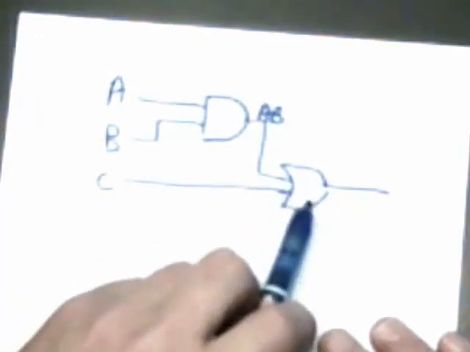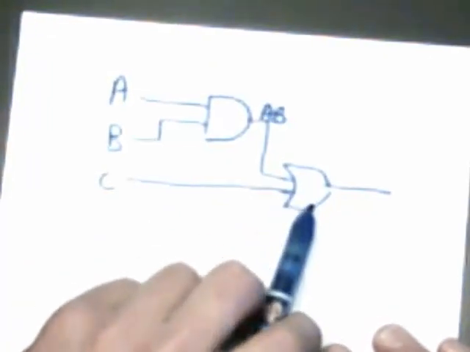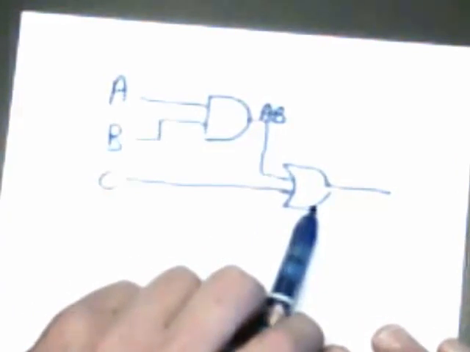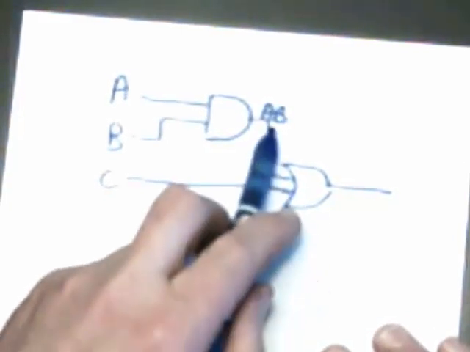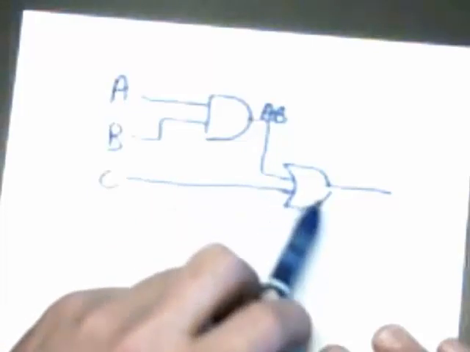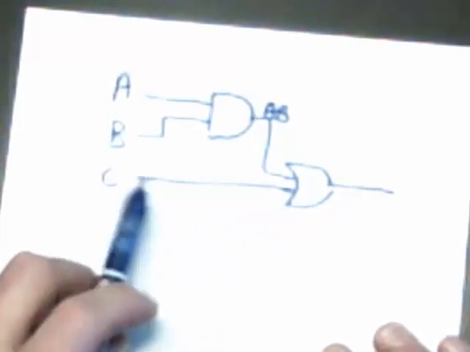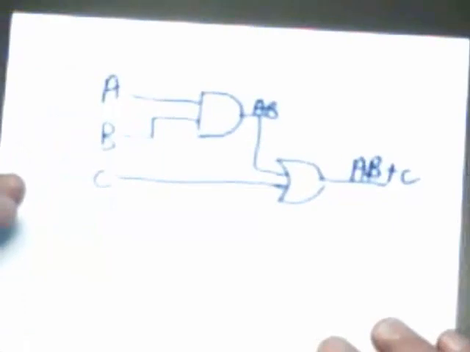What is this symbol? That's an OR gate. That's a plus sign. What's being plussed in this problem? Well, here's one of the things, AB, being plussed with C. The equation in this picture, AB plus C, is what it's trying to represent.